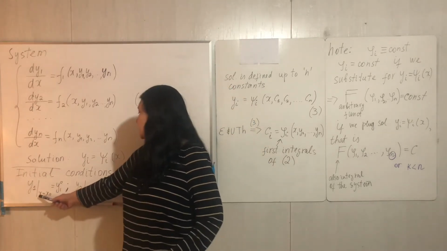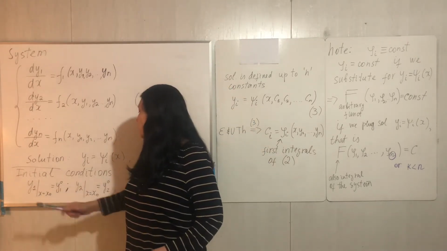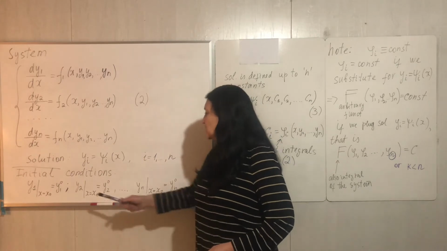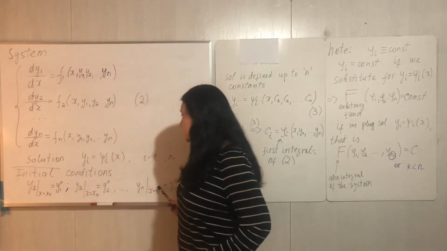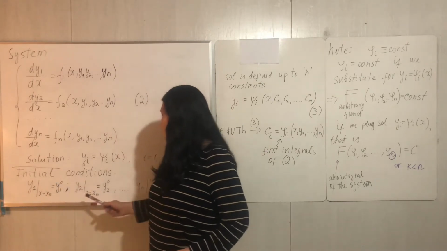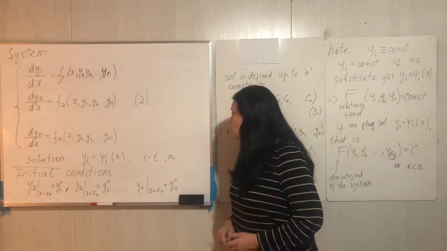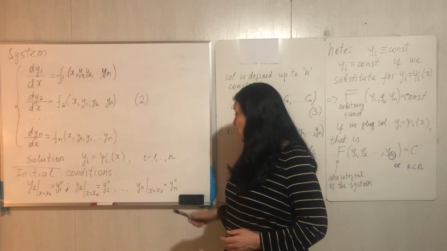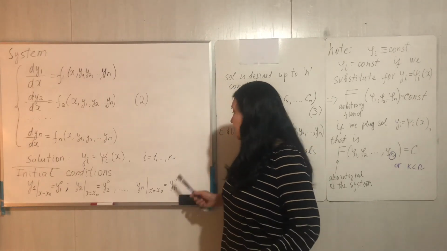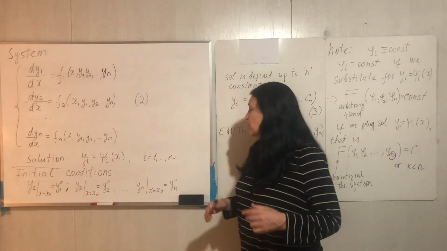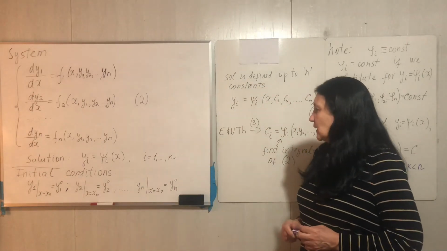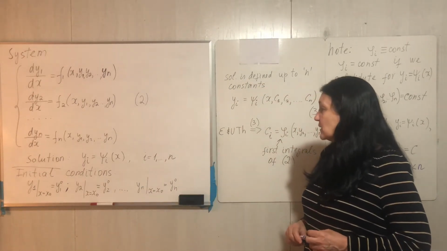If we pick a certain point x sub 0, then we can define initial conditions by giving a certain value to each corresponding function y. And again, by changing these initial conditions, we will be changing our solution.